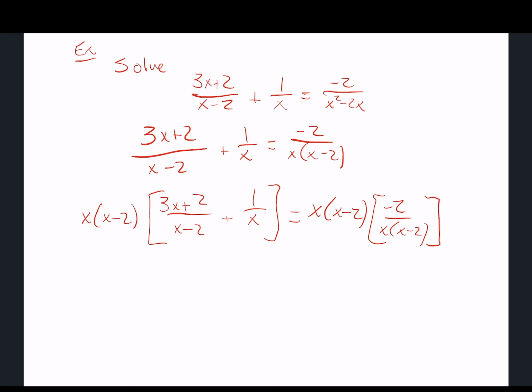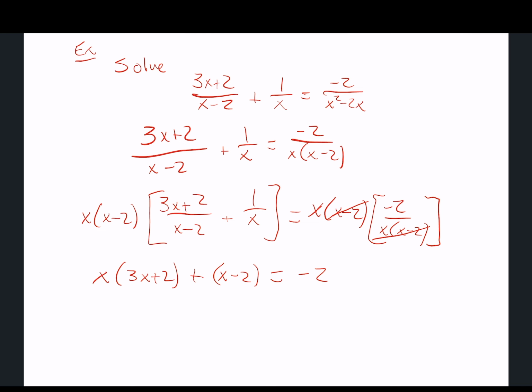So on the left-hand side, we're left with x times 3x plus 2, that denominator x minus 2 cancels, plus x times x minus 2 over x leaves us with 1 times x minus 2 is equal to, and in this case, the denominator and the numerator here are the same, so we're left with just negative 2 because these will cancel.